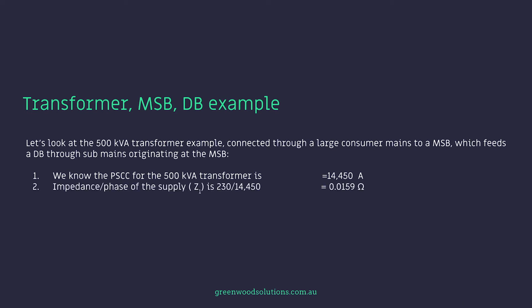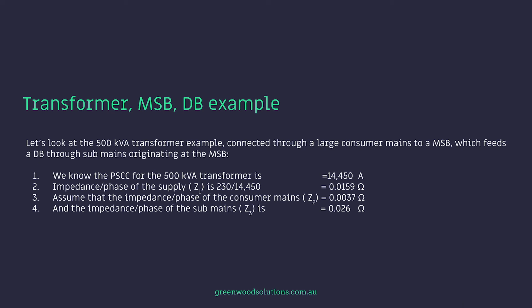So the impedance per phase of the supply, Z1, is 230 volts divided by 14,450, and that gives us an impedance of 0.0159 ohms. Assume that the impedance per phase of the consumer mains, Z2, is 0.0037 ohms, and the impedance per phase of the sub-main, Z3, is 0.026 ohms.